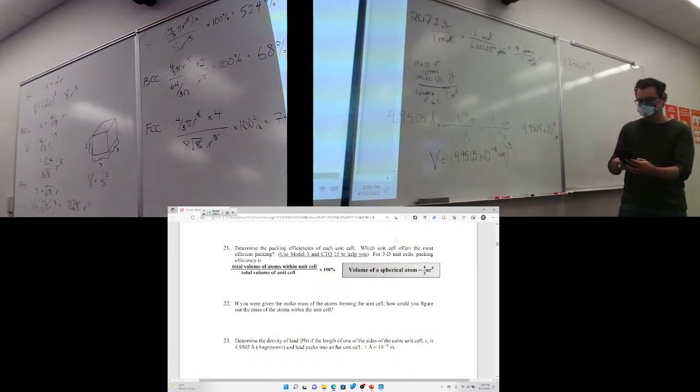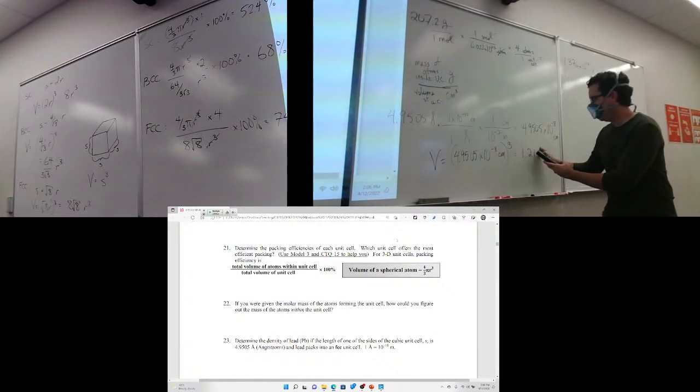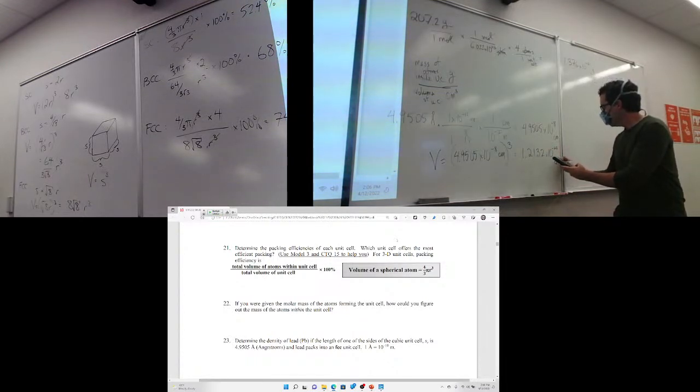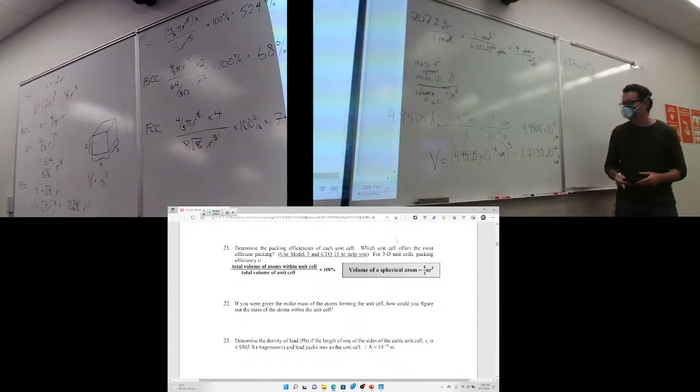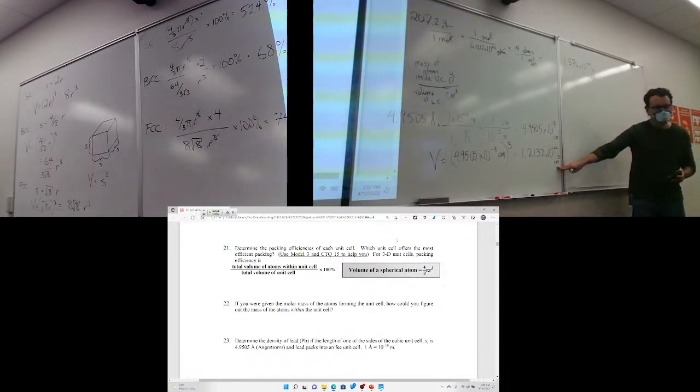Hold on a second. 4.9505 e to the minus 8 cubed is 1.213 times 10 to the minus 22 centimeters cubed. That's a volume. It's a really tiny, tiny volume, but we're dealing with atom scale, right? So that's fair.